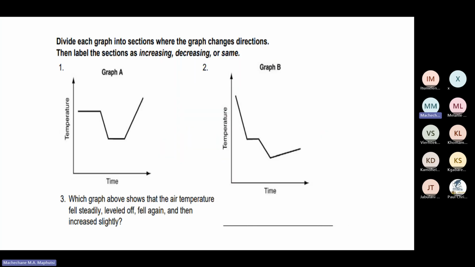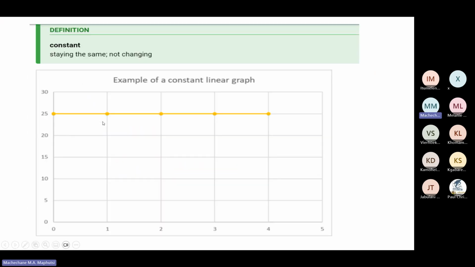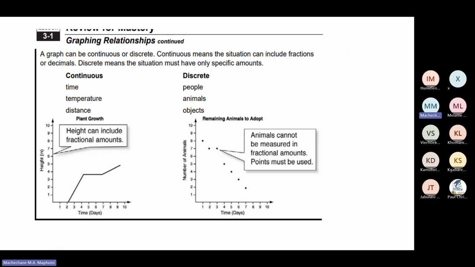Fine. So now let's move to another scenario. Now we are going to talk about continuous and discrete. What do we mean by continuous and discrete? Continuous data is data that includes real numbers. It also includes fractions. So if I'm drawing a solid line, like in this graph here, this graph is a solid line.